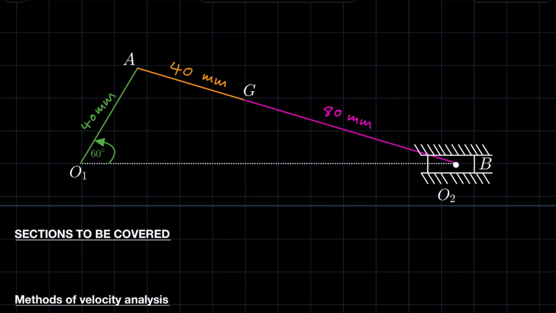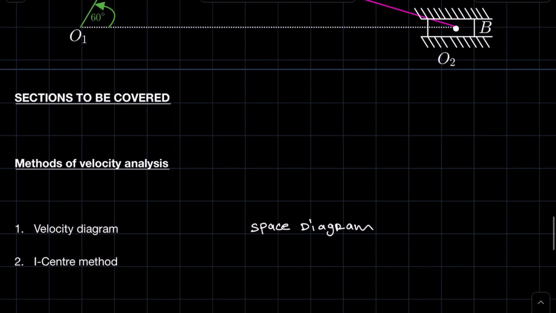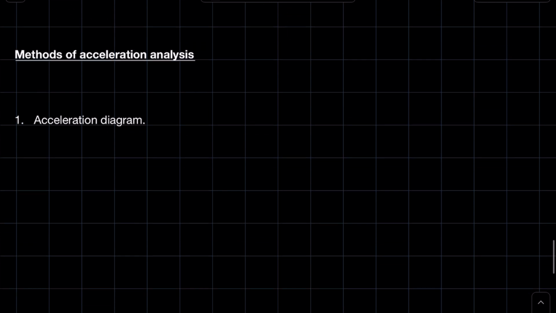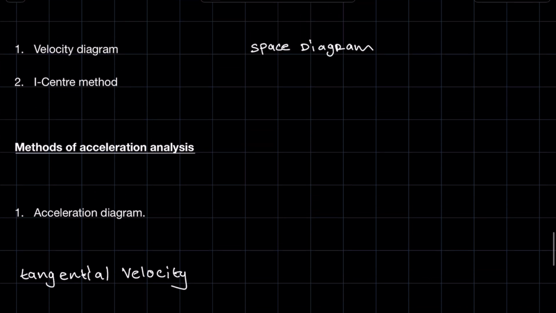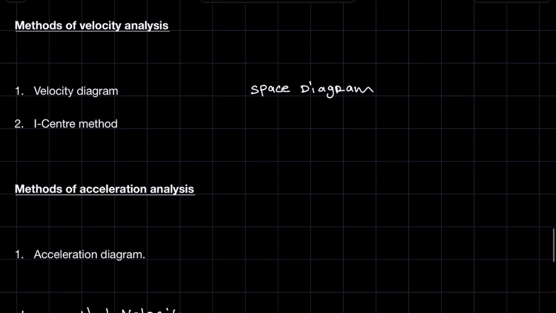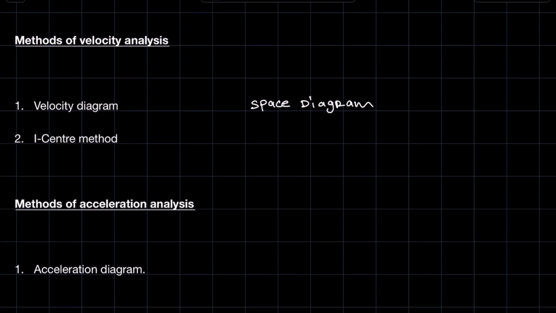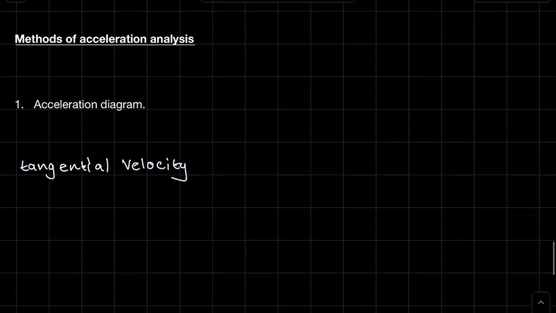As long as there is some rotation that a link does, we will only consider what we call the tangential velocity of that link. So if a link is rotating, then we're only going to look at its tangential velocity.